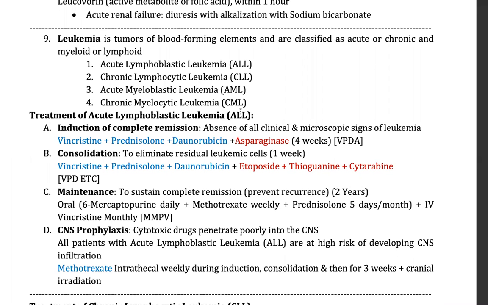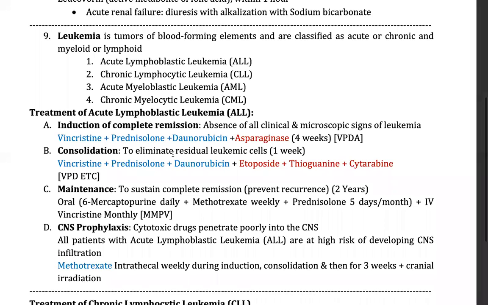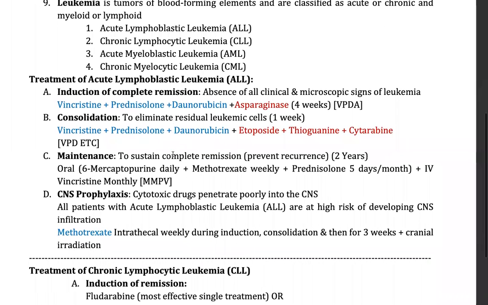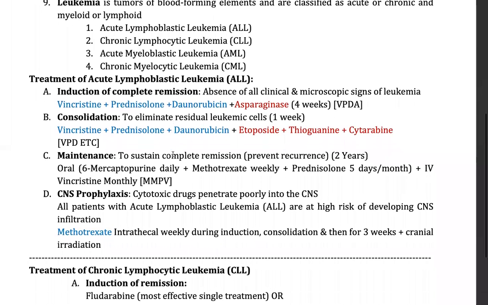First one is ALL, acute lymphoblastic leukemia, and I think you covered the pathophysiology and diagnosis in pathology. I will focus on how to manage ALL.